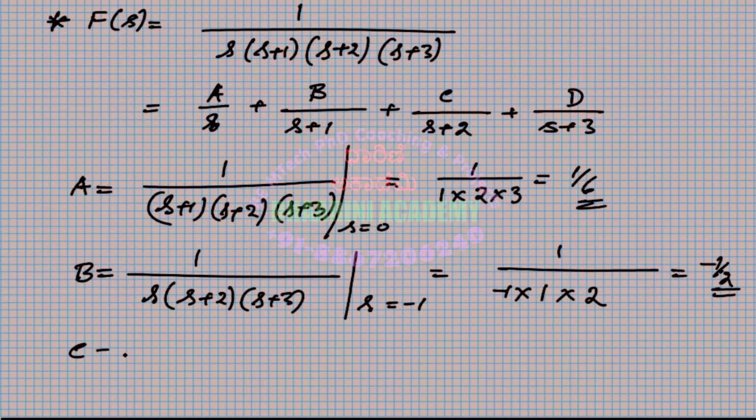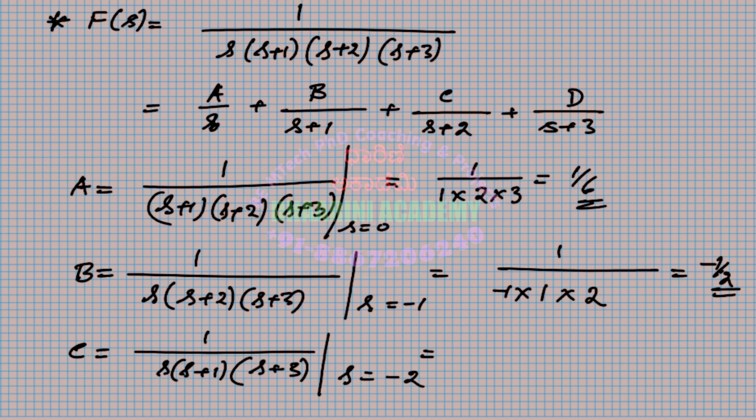Similarly, let's find C. C is equal to 1 divided by s into s plus 1 into, I'll not write s plus 2, so this is s plus 3. Put s equal to minus 2. So this is minus 2 into minus 1 into plus 1. So this is plus half.